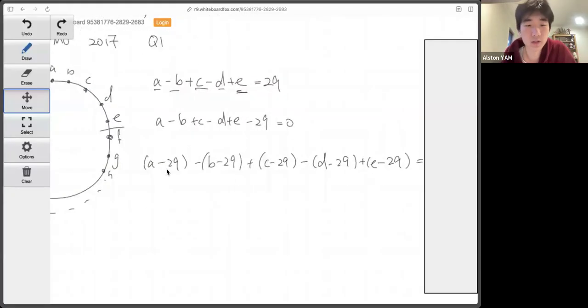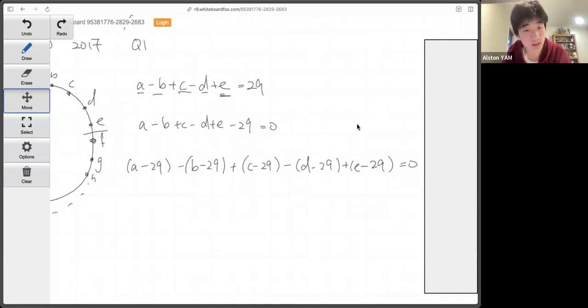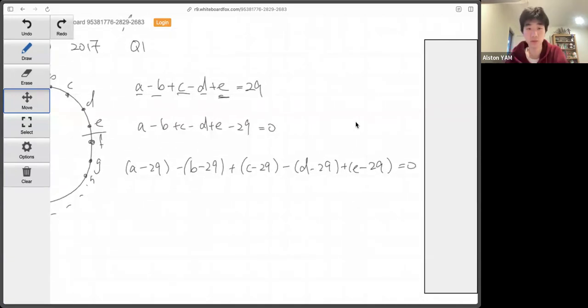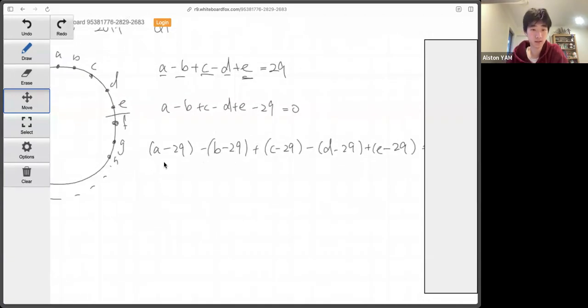This is actually true, because if you look at it, the 29s cancel out. I just did a manipulation, but this is actually pretty important. Why? Because I can then substitute whatever the number is at that spot. I can take away 29 from it, and the result is still true.